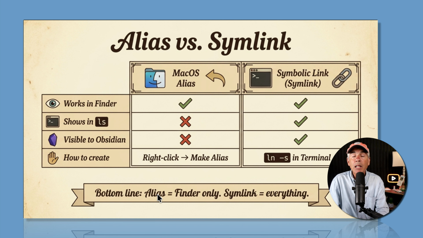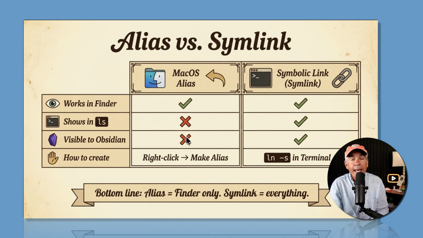Symlinks, which we are going to create today, work just like aliases in that you can keep folders or files in their original locations, but you can create a shortcut or a reference to them in another location. But the difference between symbolic links and aliases is that they work in the Finder, just like aliases, but they also work in the terminal, CLI tools, and in third-party applications like Obsidian.